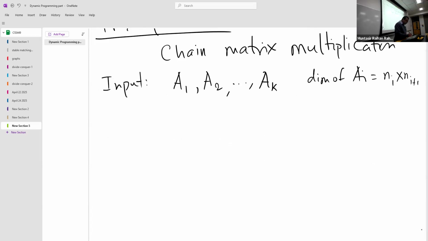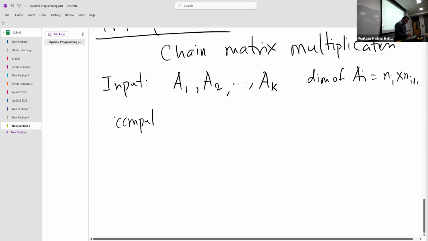And the problem is to compute the product of all the matrices. Right?